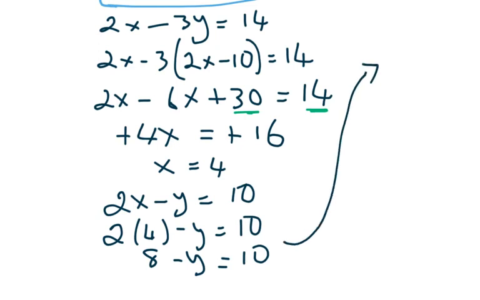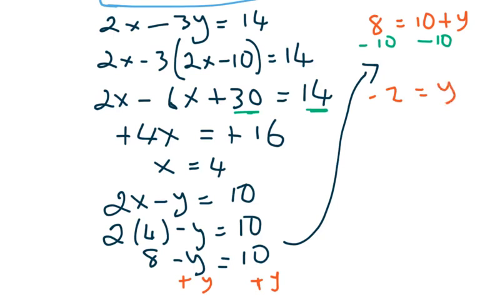So if 8 minus y is equal to 10, now what I'm going to do is add on y to both sides. Okay, that means I'm going to get 8 is equal to 10 plus y. And I'm going to minus 10 from both sides. And that's going to give me minus 2 is equal to y. So y is equal to minus 2.